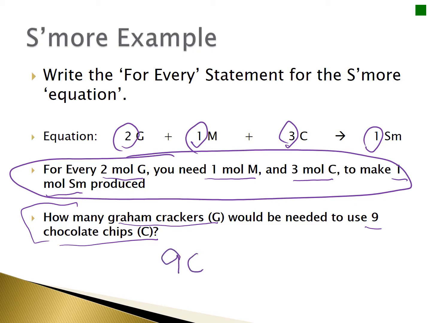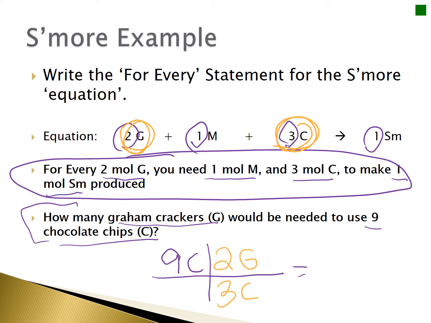I don't know exactly how many graham crackers that is instantly, but what I can do is a conversion, because what I do know is that for every 3 chocolate chips, I need 2 graham crackers, okay? So I'm going to put 3 chocolate chips on the bottom, and then I'm going to put 2 graham crackers on the top.